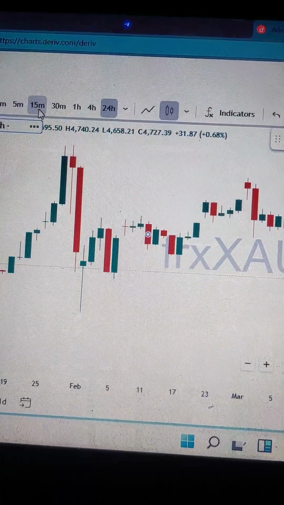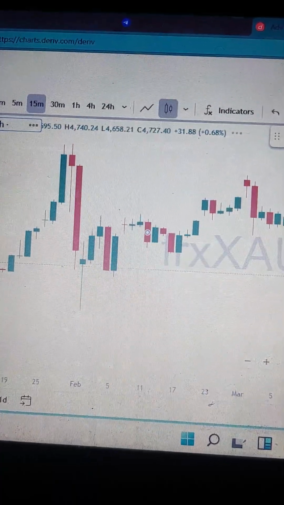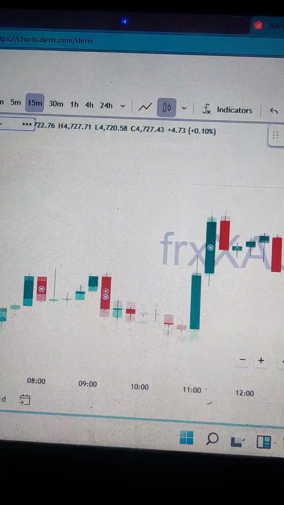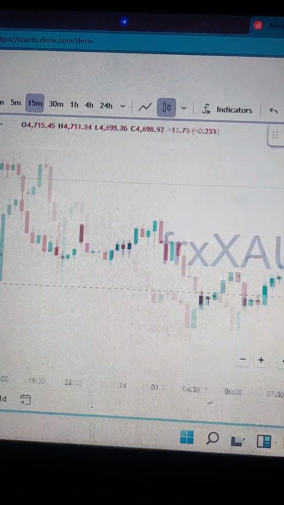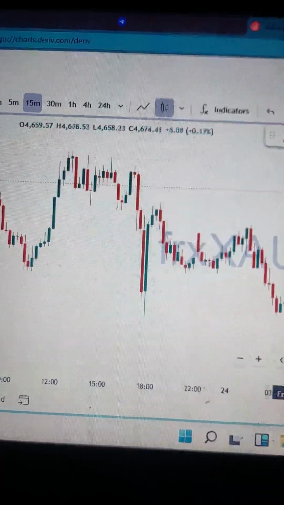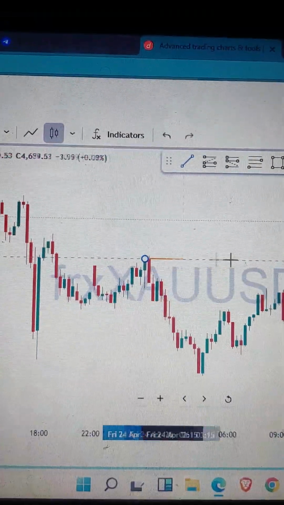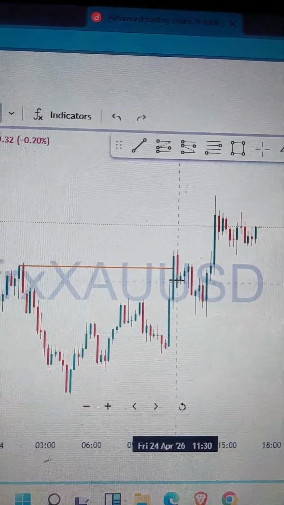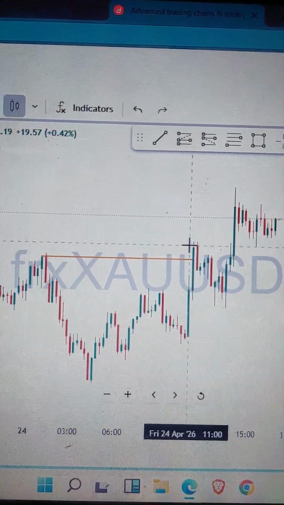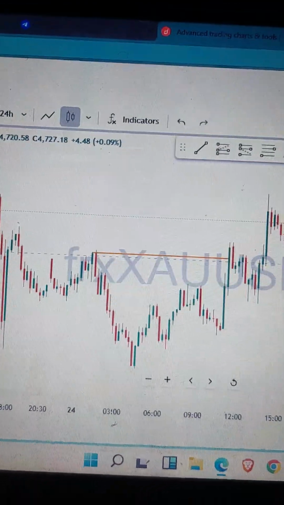Let me just show you in the 15-minute time frame. Where is the move? So this is the move. You can see this market structure shift was much clearer here, with a solid body close above that level.